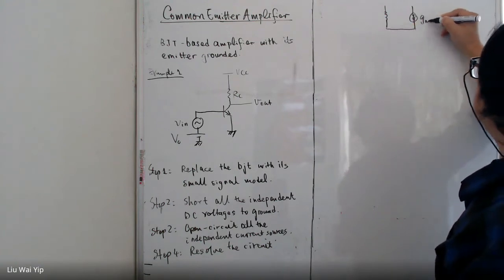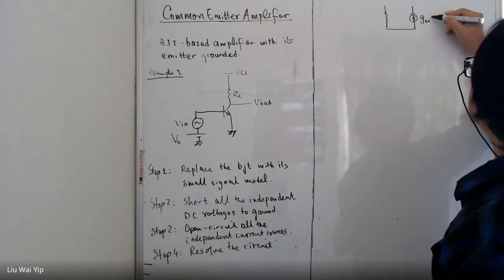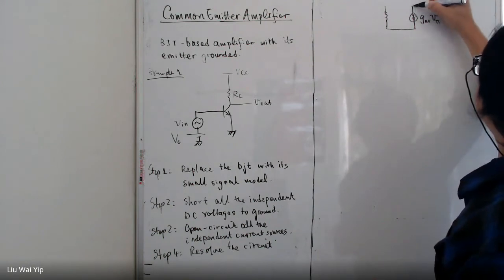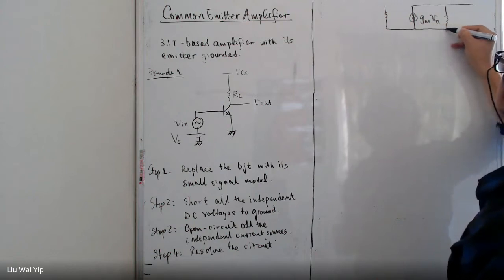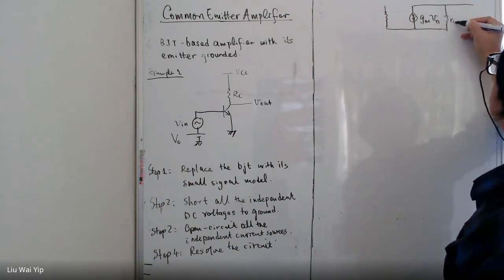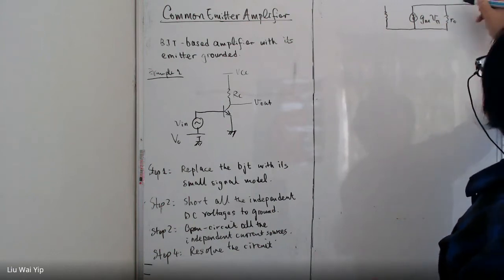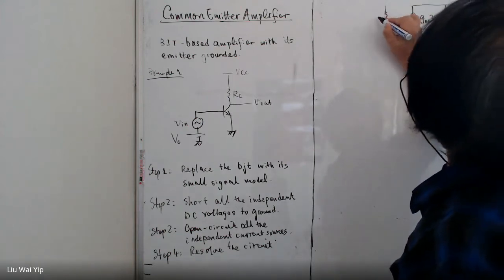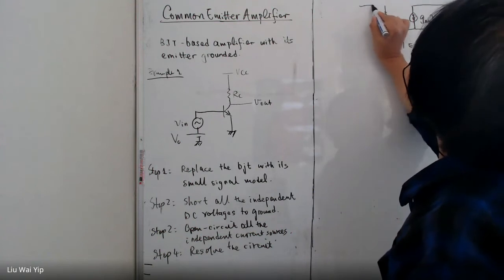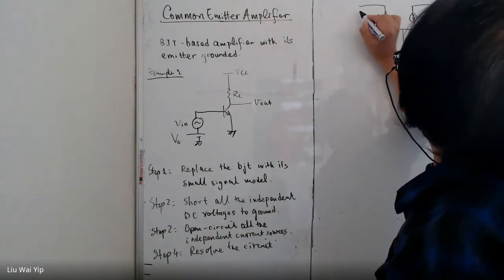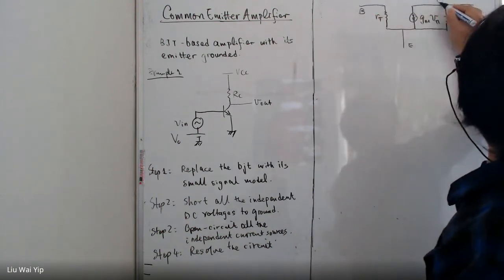And then gm, and then r pi. And do not forget to add the early resistance here. And this is r pi and E, B, and C.